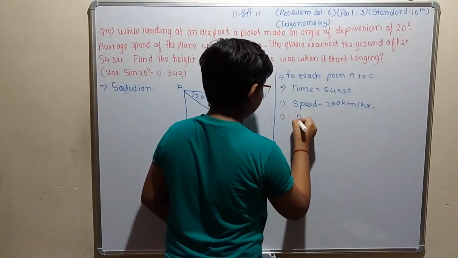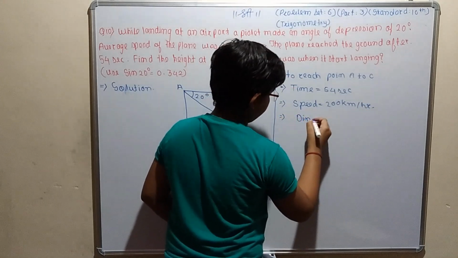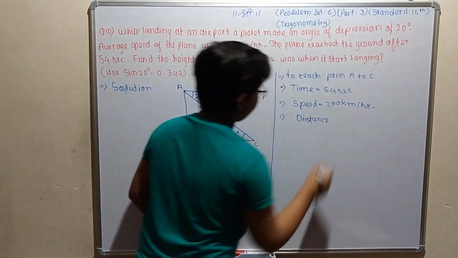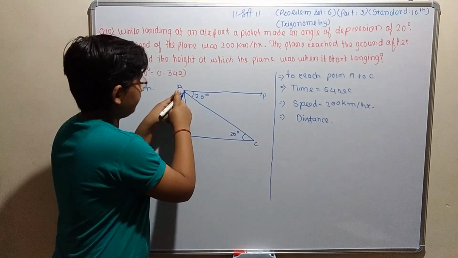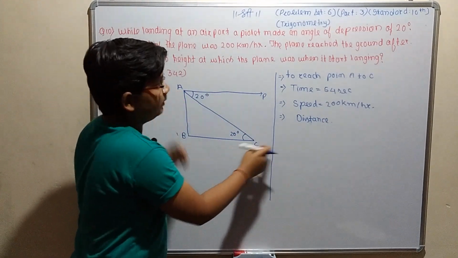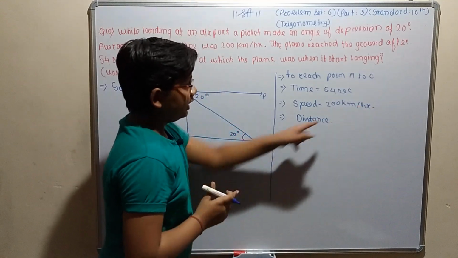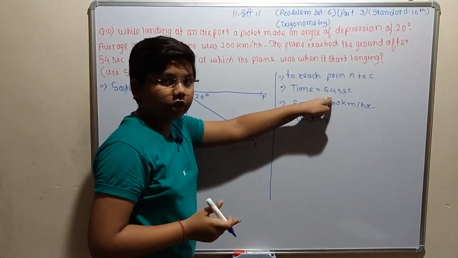We have to find the distance, that is, we can find the distance A to C. Now time is given as 54 seconds and speed is given in kilometers per hour, so we have to convert 54 seconds into hours.